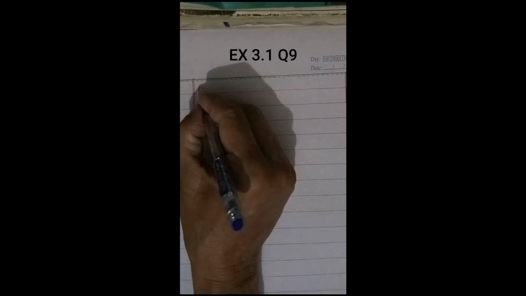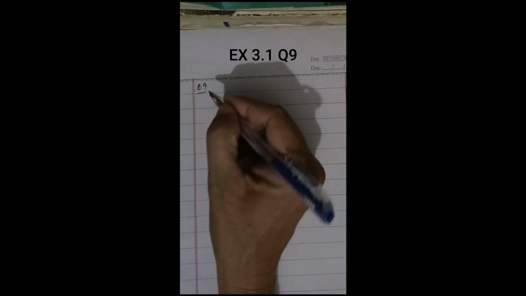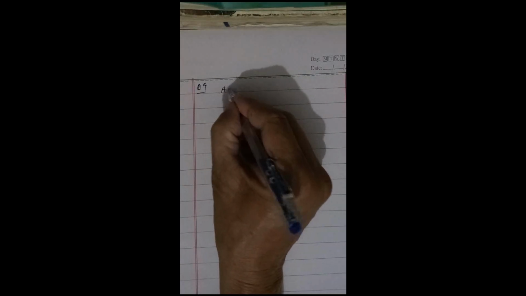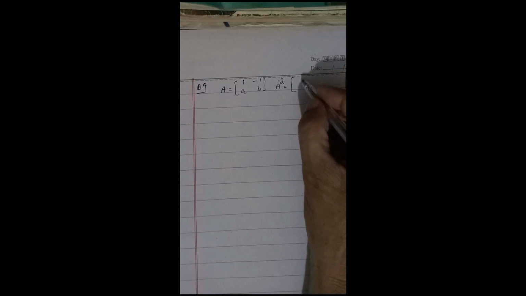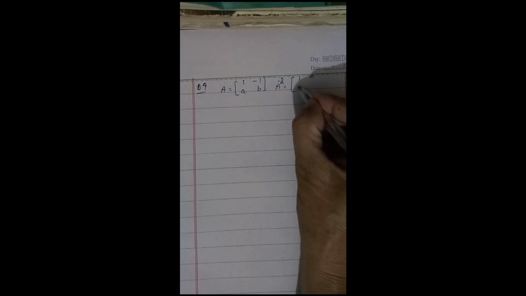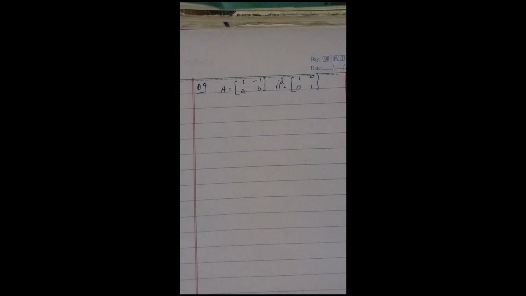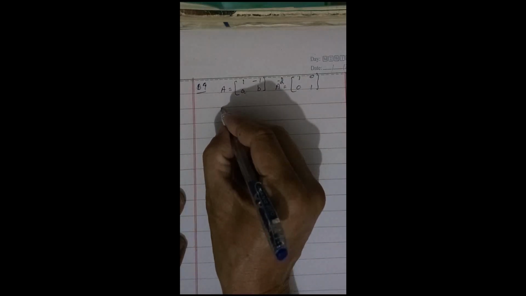Now question 9. Matrix A is equal to [1, minus 1; a, b], and A square is equal to [1, 0; 0, 1], which is an identity matrix. Now we solve it.